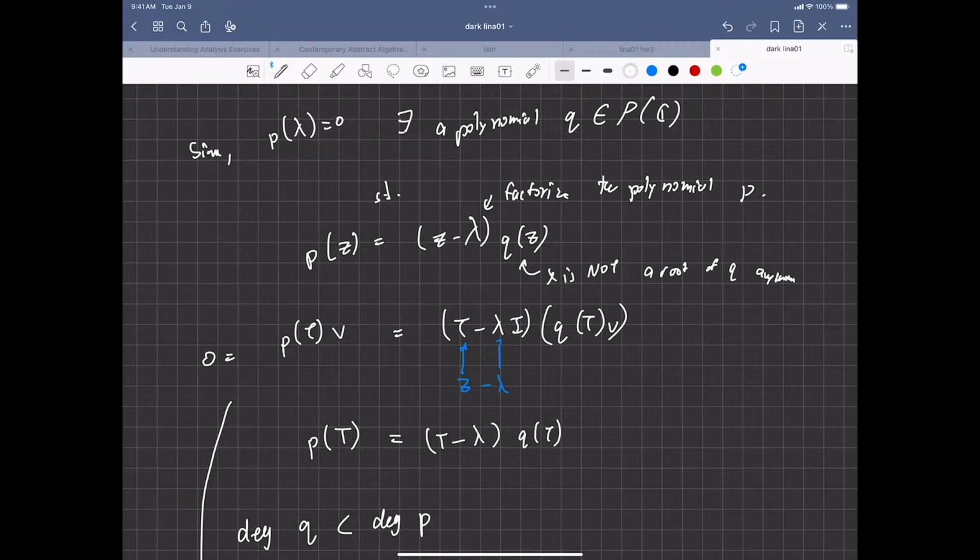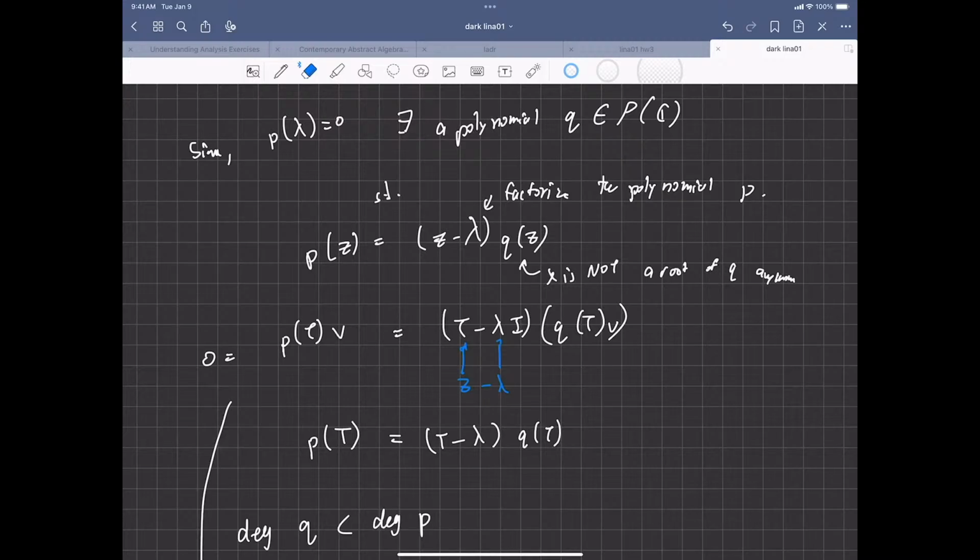Yeah, so we're just applying the division algorithm here.